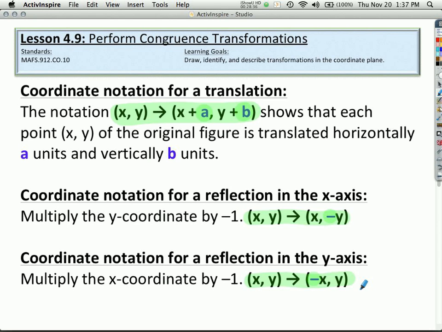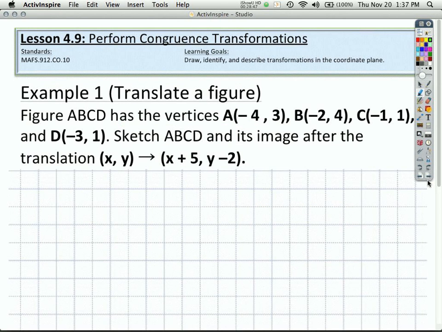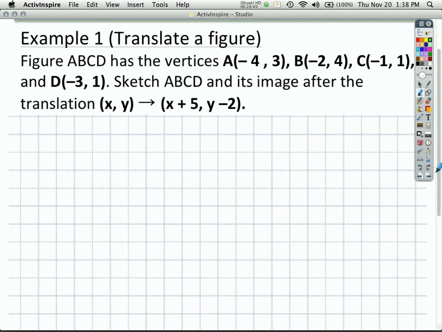So what we're going to be doing is drawing some figures and moving them and transforming them. Of course, you're using graph paper. It's going to make it easy. So let's jump in and do a transformation.